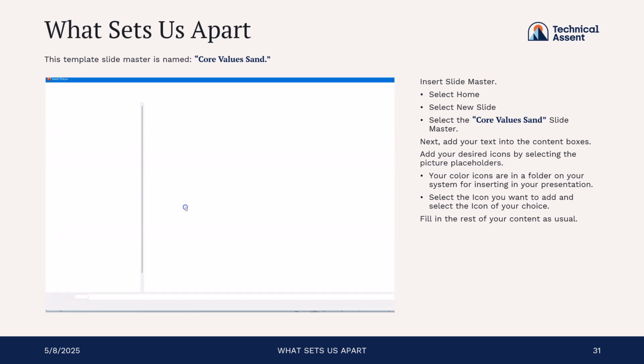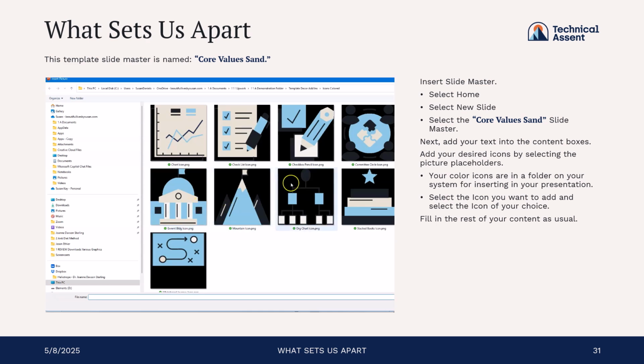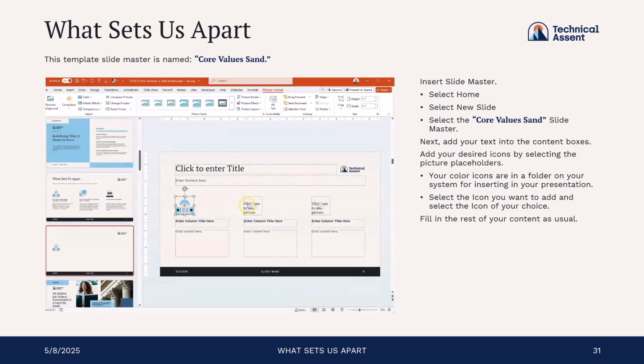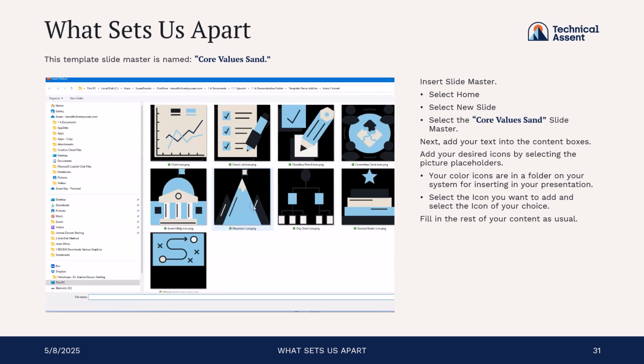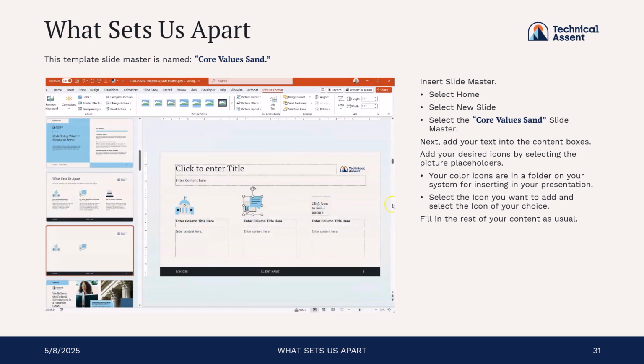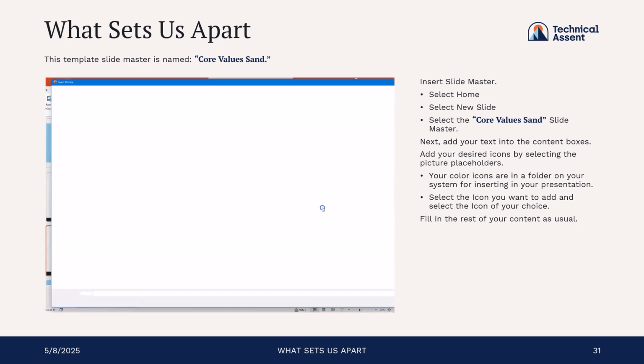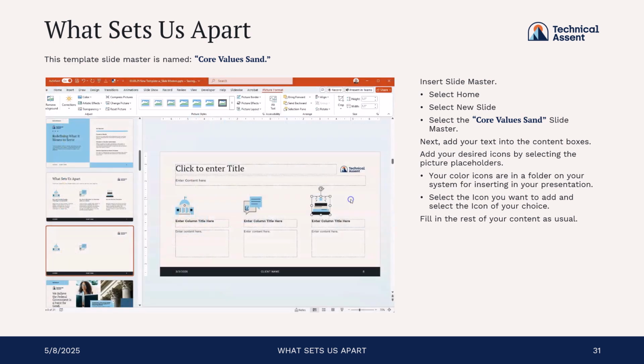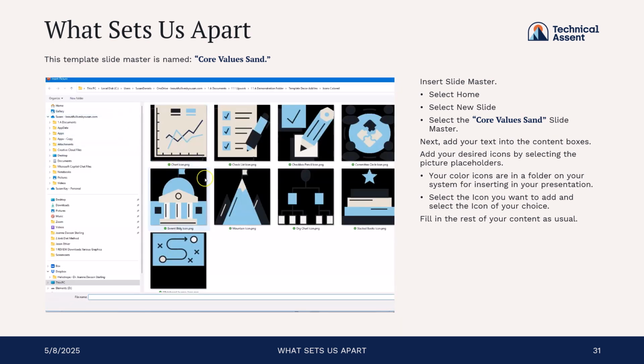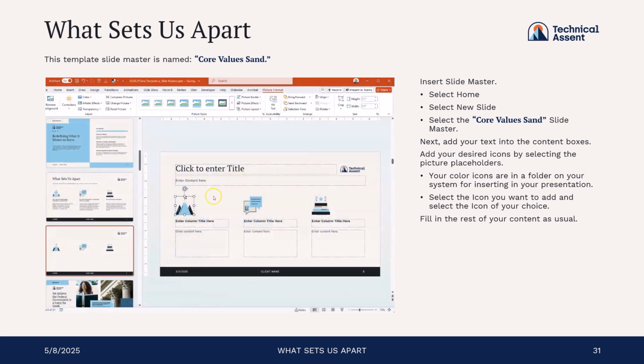Select Pictures, go to your file on your network where you have the icons. Simple as that. You can also change them. Picture format, change picture, this device, like that.